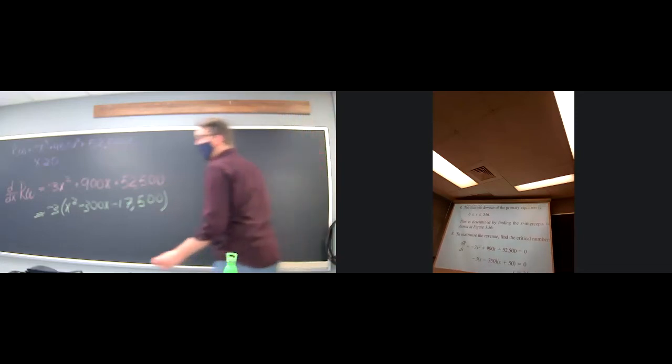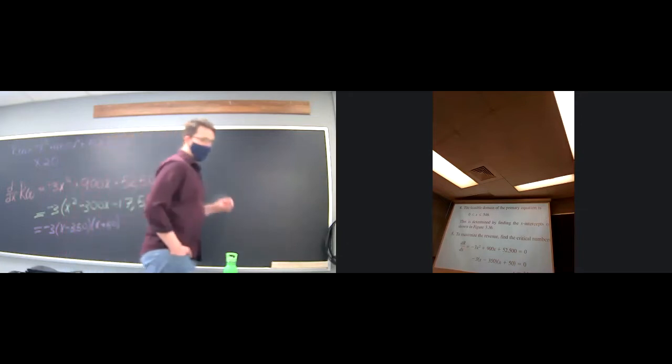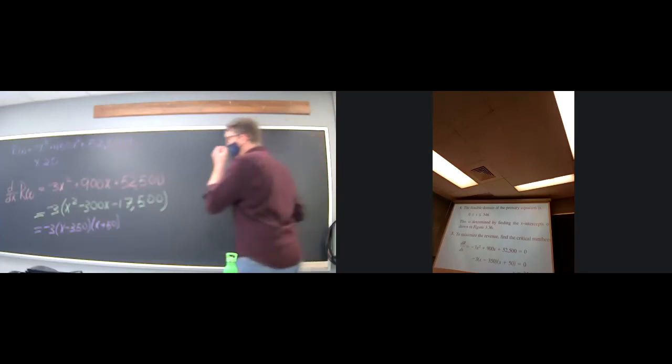This will factor out to be -3 times x minus 350, that quantity times x plus 50. Setting our derivative now to 0, we're going to get that x is either equal to 350 or to -50, right?